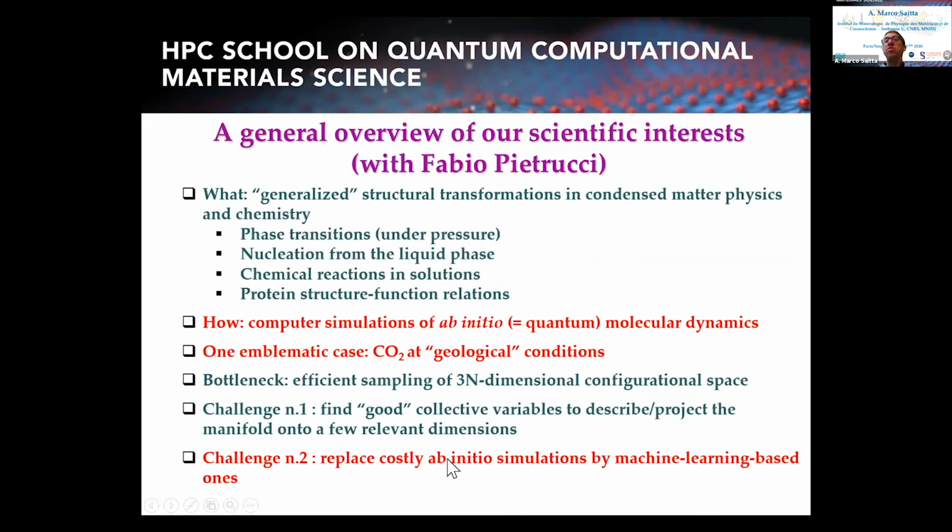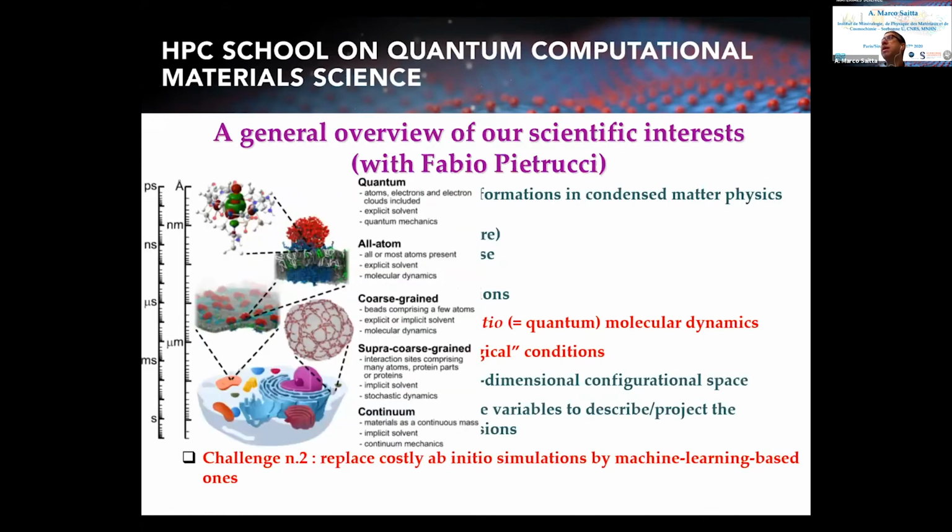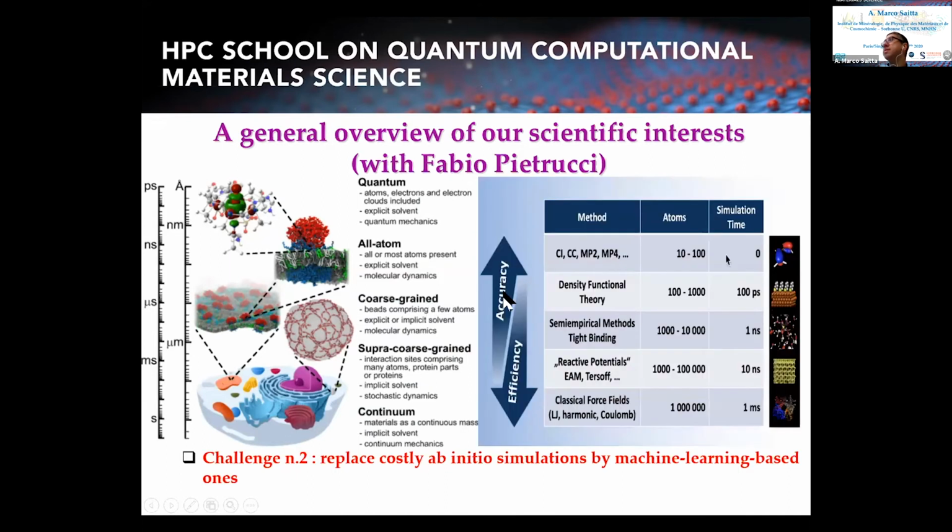But the other problem is that these ab initio calculations, based on DFT, are very costly, and we would be very happy to avoid them. We want to still keep a quantum description of matter, but be able to extrapolate it throughout all these scales to have a good perspective on the larger scales.